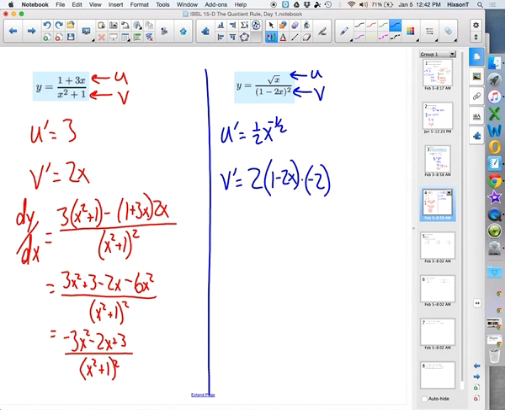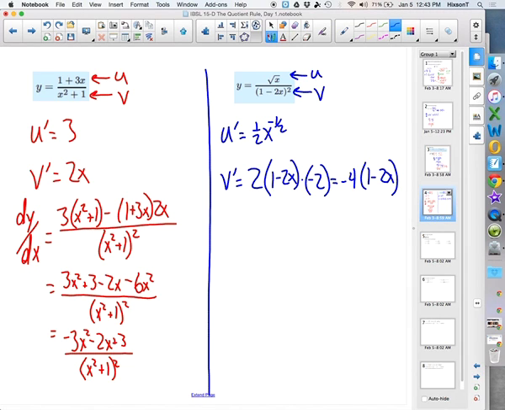So yeah, this would simplify. Because we're plugging it into the quotient rule, don't distribute. But you can go ahead and simplify this to negative 4 times 1 minus 2x. Remember, we don't distribute, because anytime we're dealing with the chain rule inside the quotient or product rule, we're going to be able to factor it out.